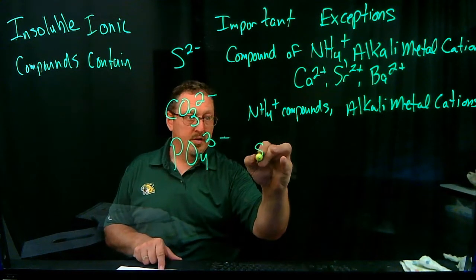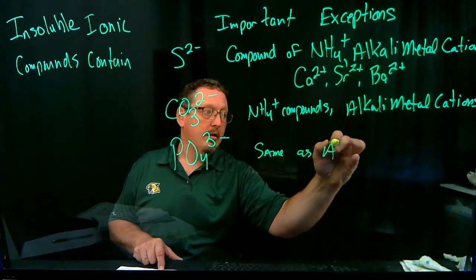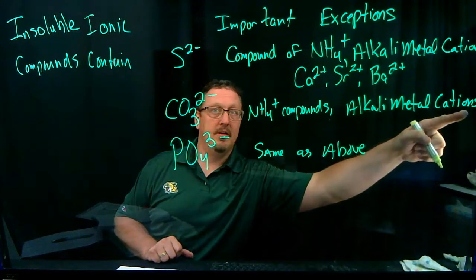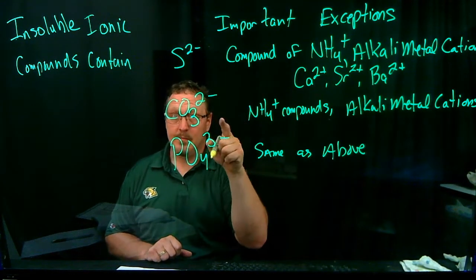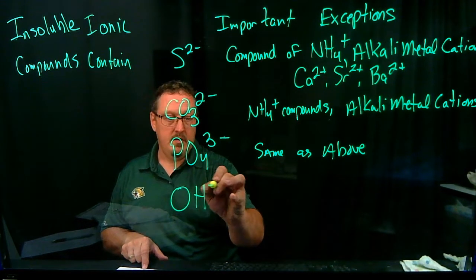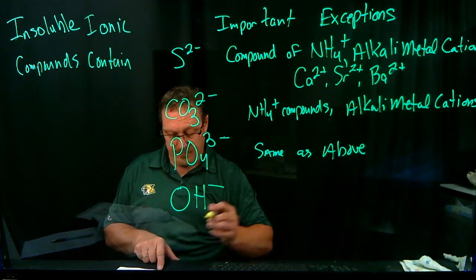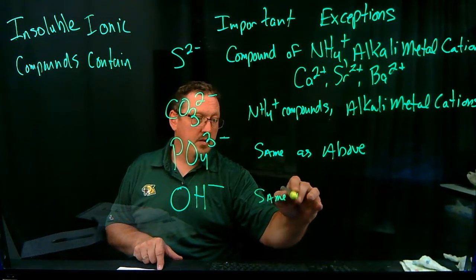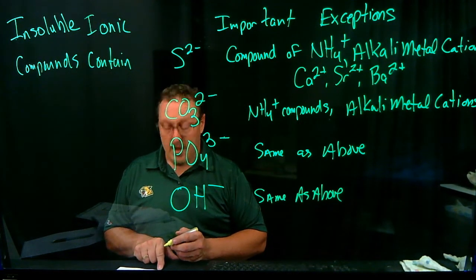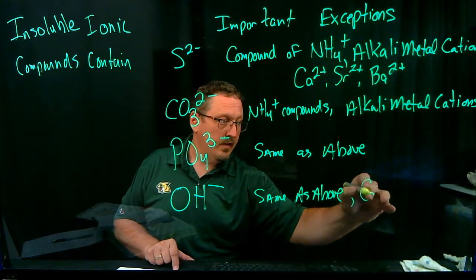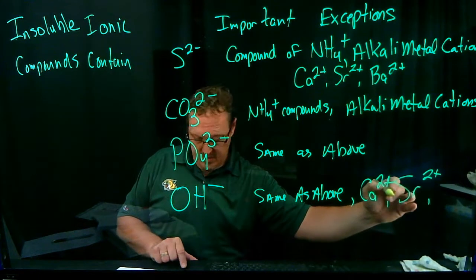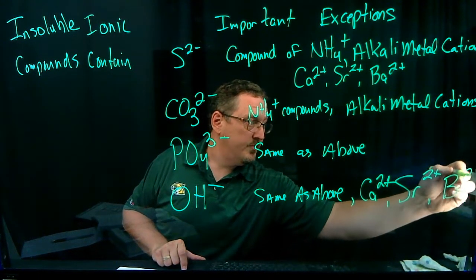This is the same as above. Okay, so ammonium compounds and alkali metal cations will make soluble compounds. And then hydroxides, OH with a -1 charge, are exactly the same as above, soluble aqueous compounds with the alkali metals, plus calcium with a 2+ charge, strontium with a 2+ charge, and barium with a 2+ charge.